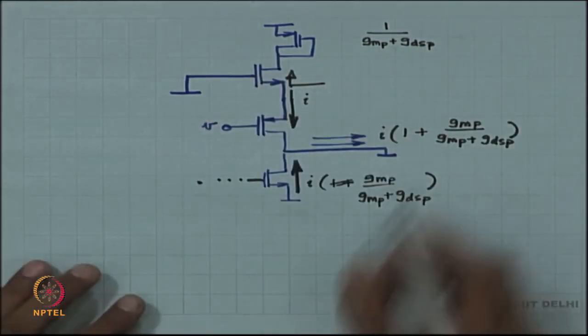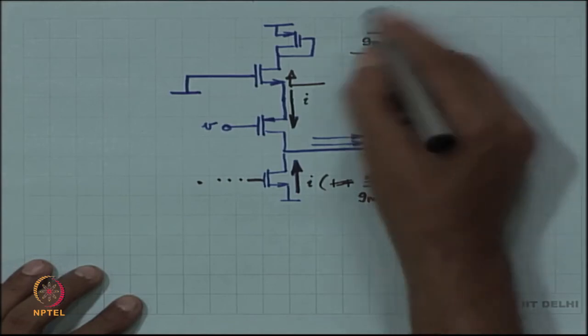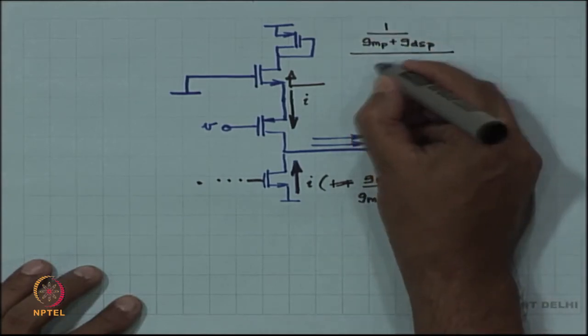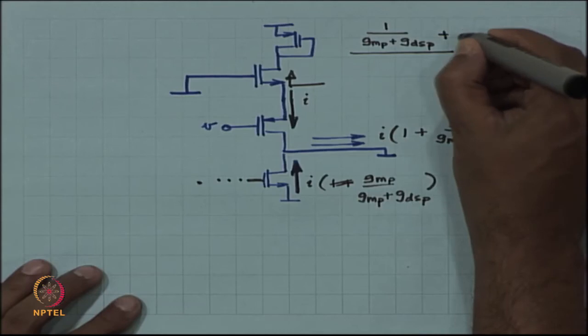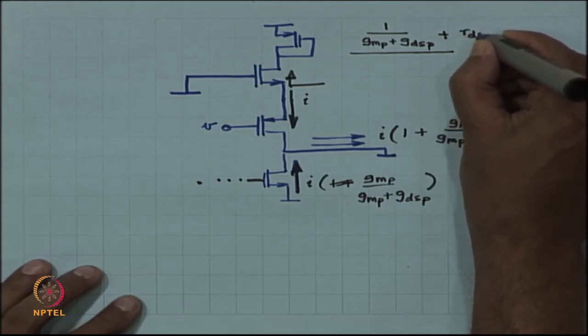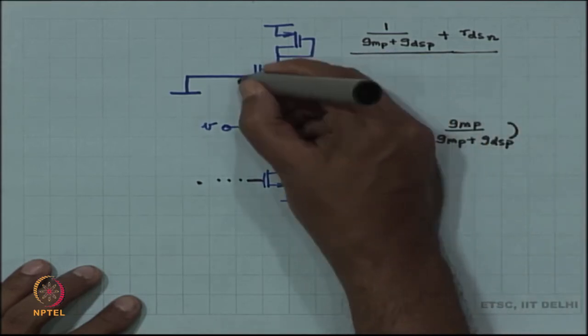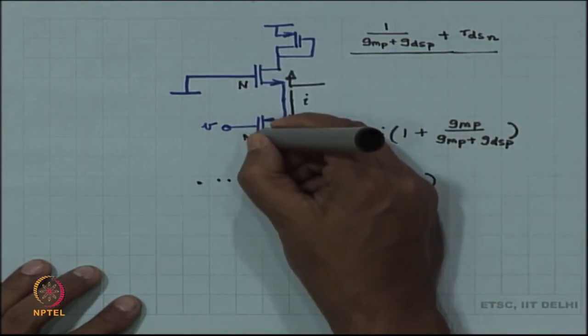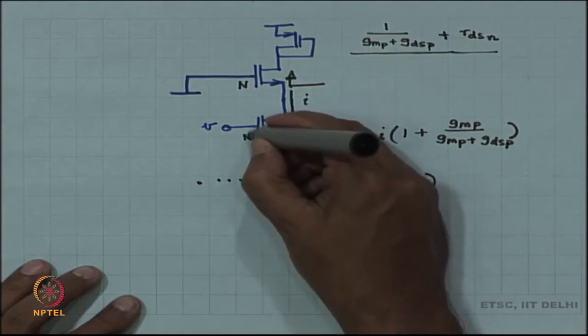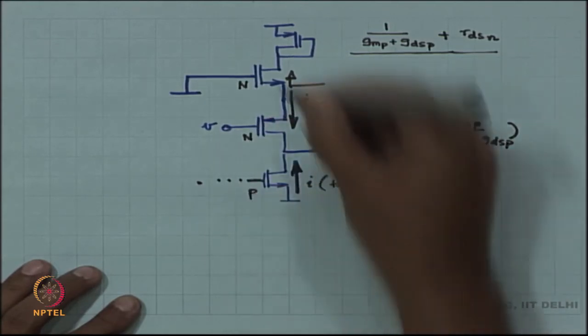But looking in from the source, what you have is this plus RDS N. At the end of the day this is NMOS, this is also NMOS. So, be careful, this is PMOS.